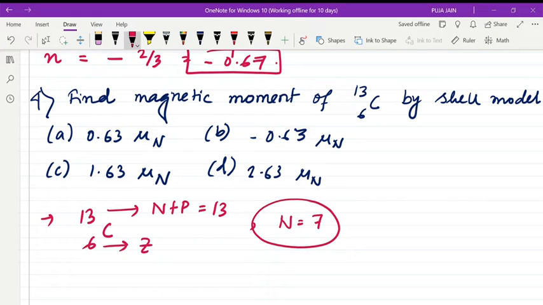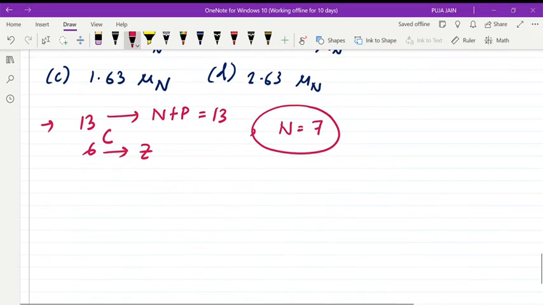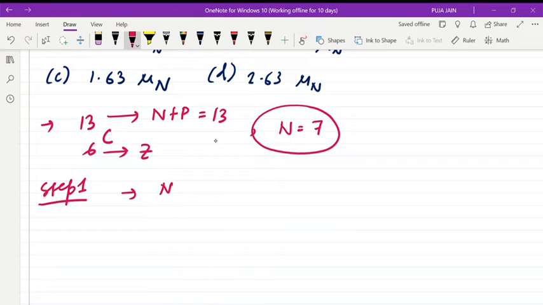So first you have to see which one is odd, the number of neutrons or the number of protons. So step 1 is you have to check which one is odd. Here we are saying the number of neutrons is odd. After that, you have to write the electronic configuration for 7 neutrons.